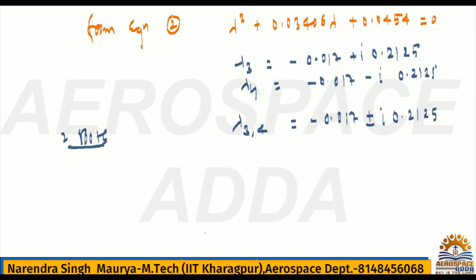Now if you check in this problem, for all four roots, lambda 1,2 and lambda 3,4, both are imaginary or complex roots basically. Roots are complex, and if the real part is negative, then what will it represent?